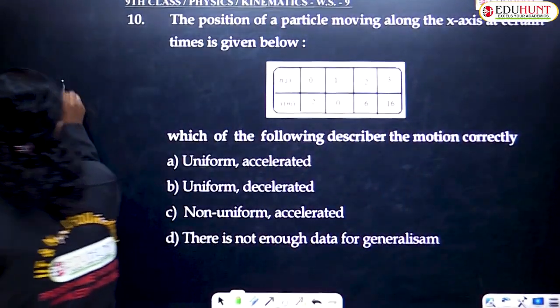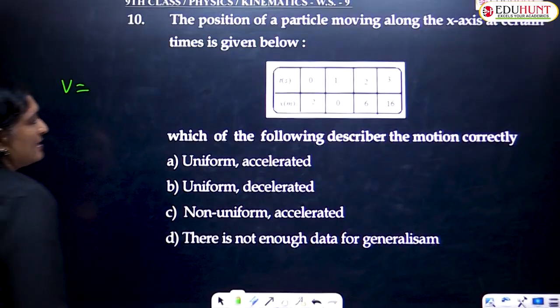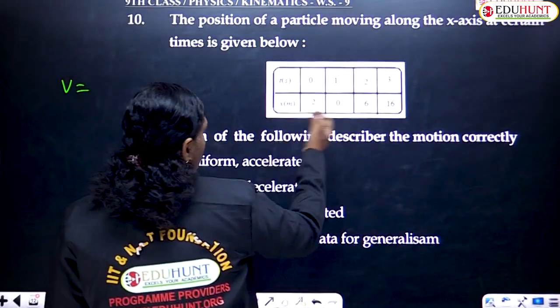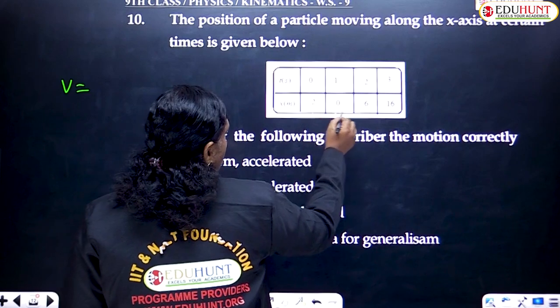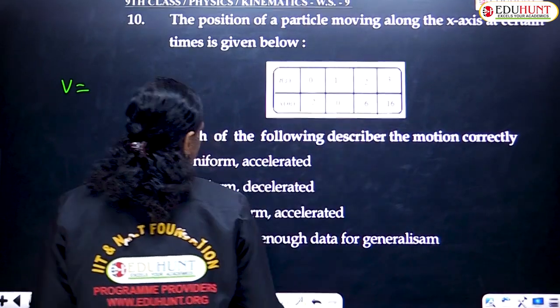So we know the formula for velocity: velocity is given as displacement by time. Let us check the different positions. These may be x1, x2, x3, x4 and t1, t2, t3, t4 respectively.